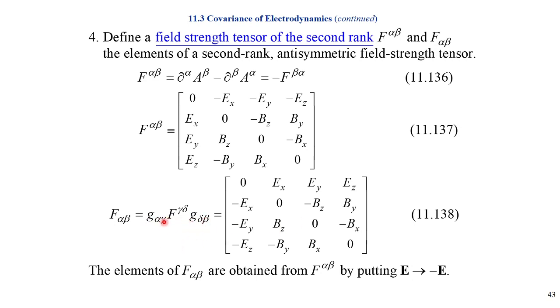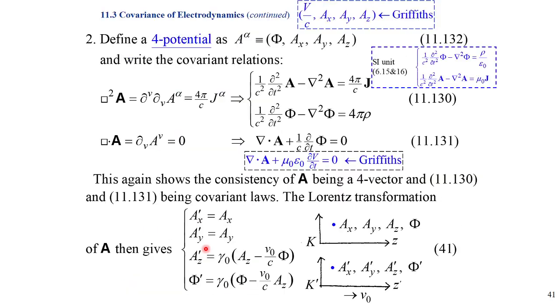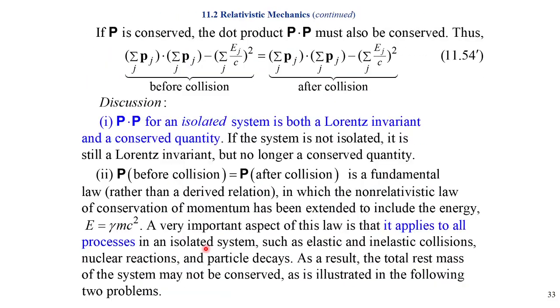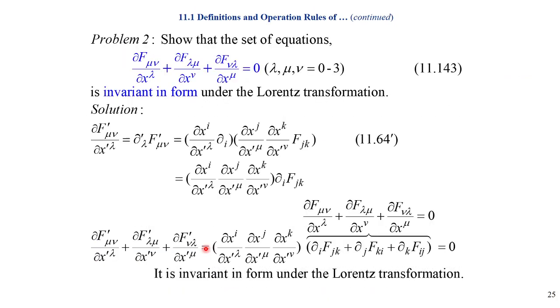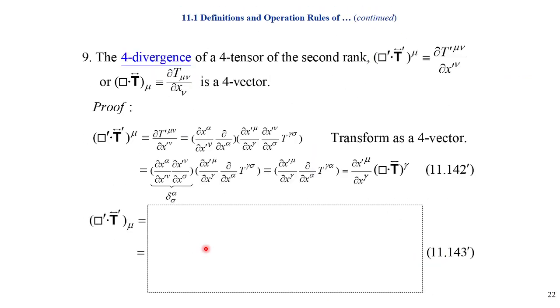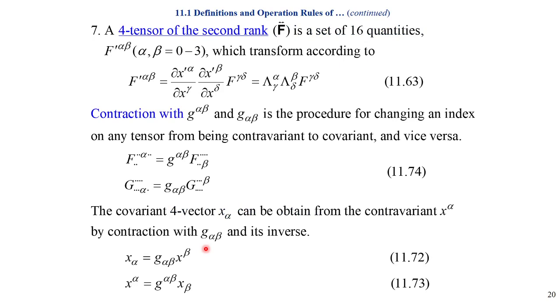I will show you very soon. Actually, I will review G very soon. Maybe you should open to, okay, just go back. 1, 2, 3, 4, 5, 6. G is the metric tensor. Okay, just like this one.